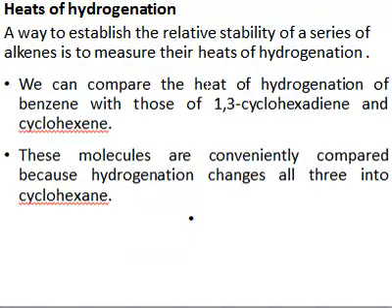We'll compare the heat of hydrogenation of this cyclohexatriene with that of 1,3-cyclohexadiene and cyclohexene. Why are we choosing cyclohexadiene or cyclohexene? Because all of these molecules, when they undergo hydrogenation, will form the same product, that is cyclohexene, right?